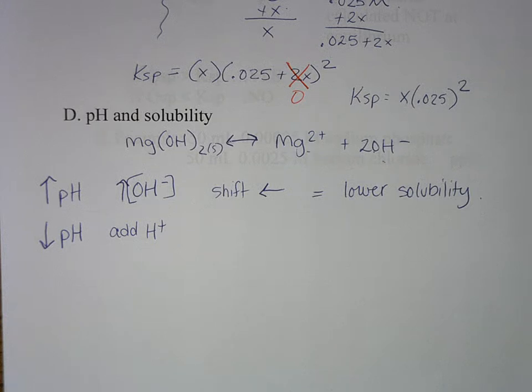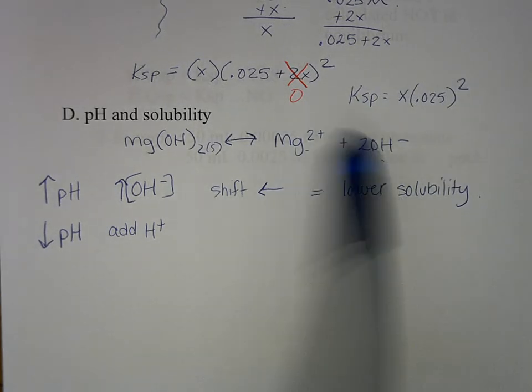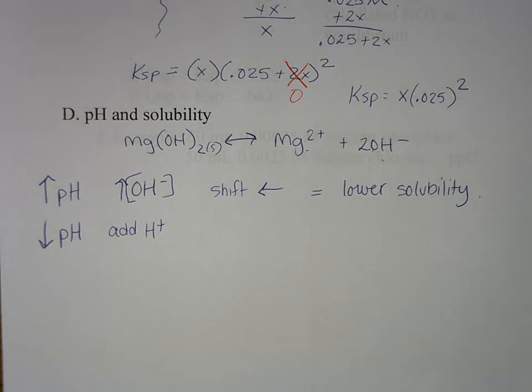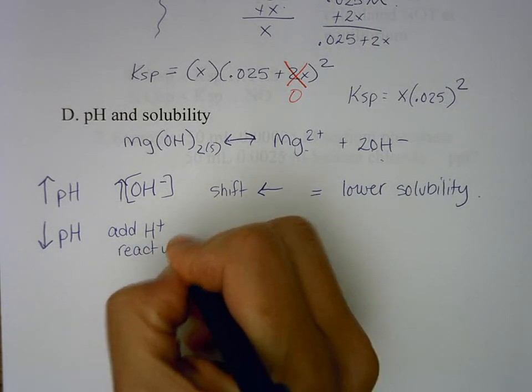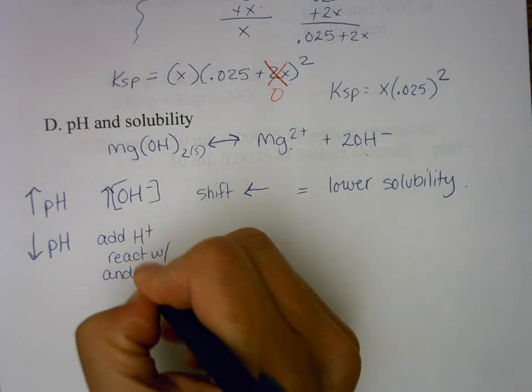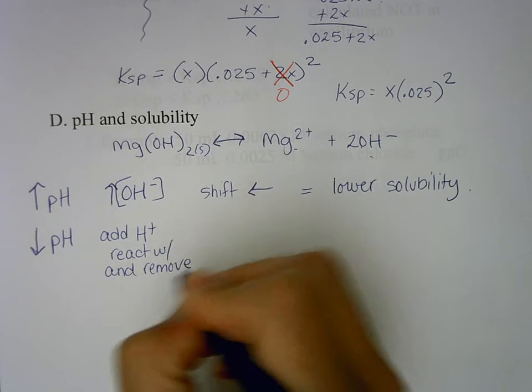So adding hydrogen ions to this reaction, this is one of those situations where if you add something and it reacts with something from the reaction, then it's going to affect the equilibrium. So adding hydrogen, it's going to react with and remove hydroxide ions.